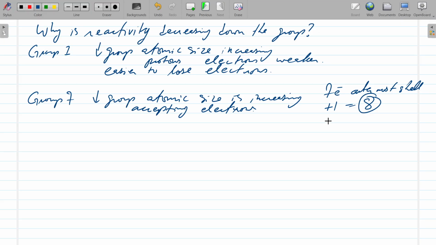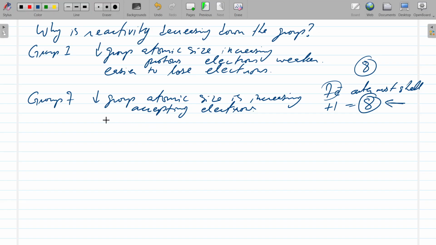So it is easier to accept an electron than to lose 7 of them. Because if theoretically you lose all 7, then you're one shell less, and the shell before that will have 8 and will become stable. So they want to achieve a stable electronic configuration. But obviously, losing 7 electrons is going to need far more energy as compared to gaining just one. And so that's what they do.